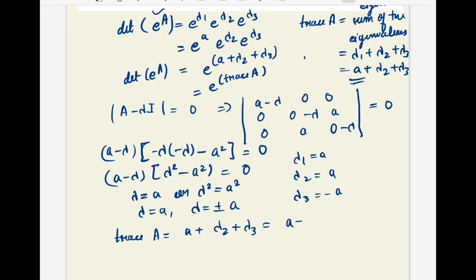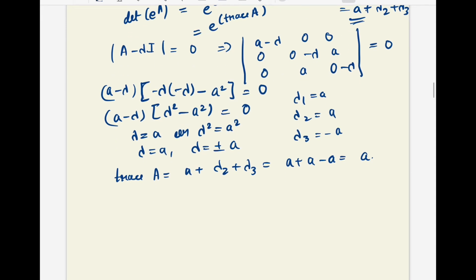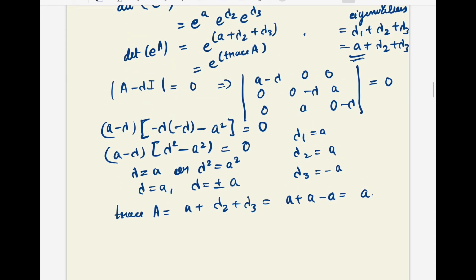This becomes a plus a minus a equals a. So trace of A is a only. So determinant of e to the power A becomes e to the power trace A, and trace A is found to be a.